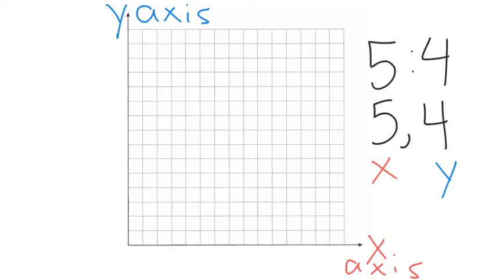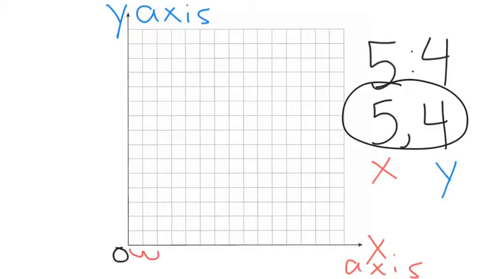Now down here at the base, we're going to say that this is 0 on the x-axis and 0 on the y-axis. Let's assume that each line just counts by 1. So we start with 1, 2, 3, 4, 5. What you would do if you are plotting these points, 5, comma 4, you would count 5 over on the x-axis. Start at 0. We got 1, 2, 3, 4, 5.